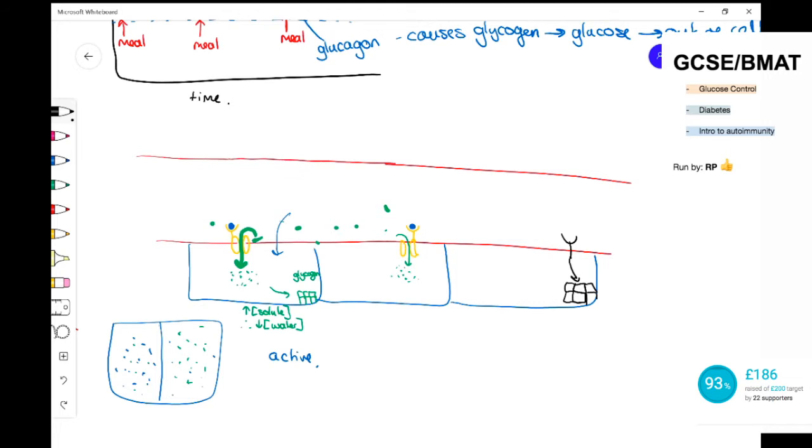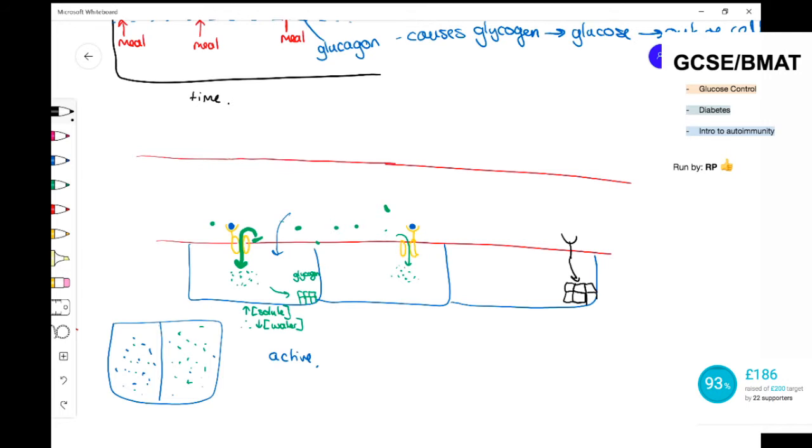With insulin, I should probably say as well, insulin's produced in the pancreas. Okay, so with diabetes, what happens is you have issues with insulin, and that can be for one of two reasons.